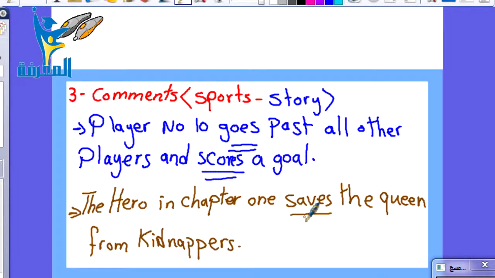Present simple for story comment and present simple also for sports comment. This is for the usage.